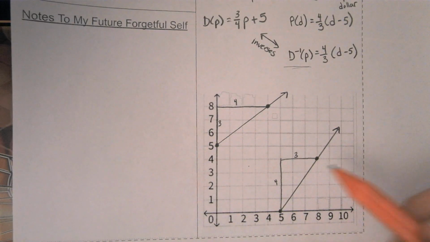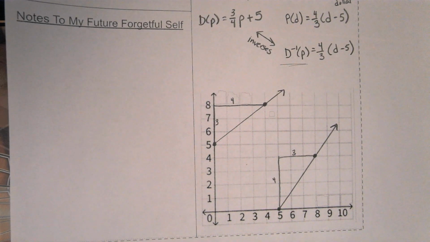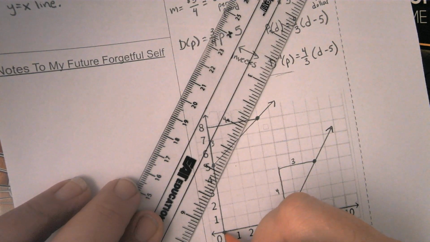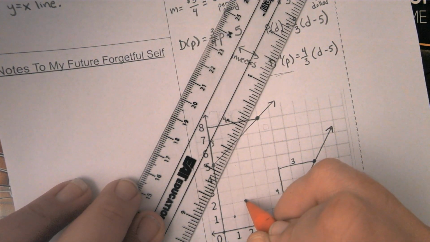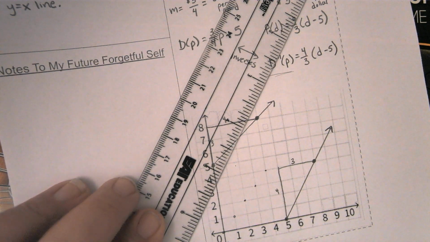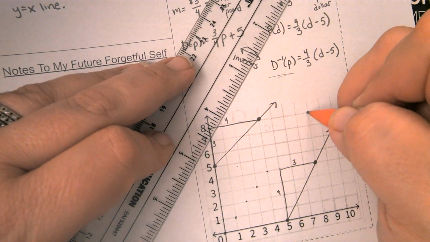And then we might want to add to our graph that y equals x line so we can remember that they are reflections of each other. So that would be 0, 0, 1, 1, 2, 2, 3, 3, 4, 4, all the points where x and y are the same, all the way up to 8, 8.